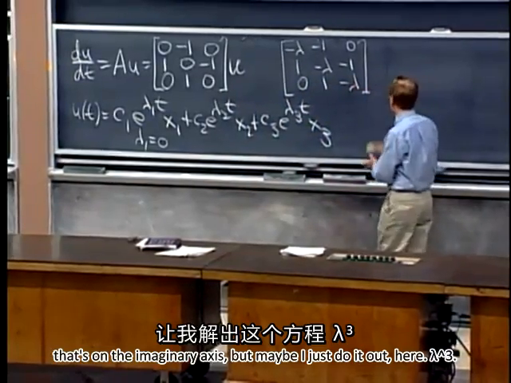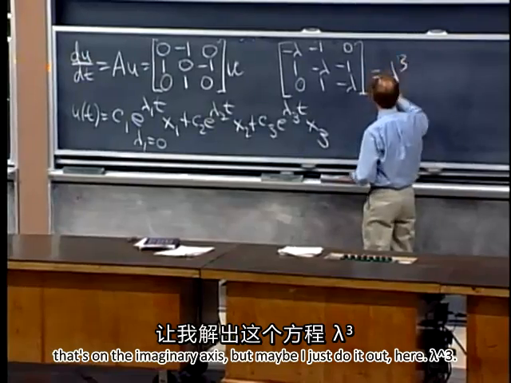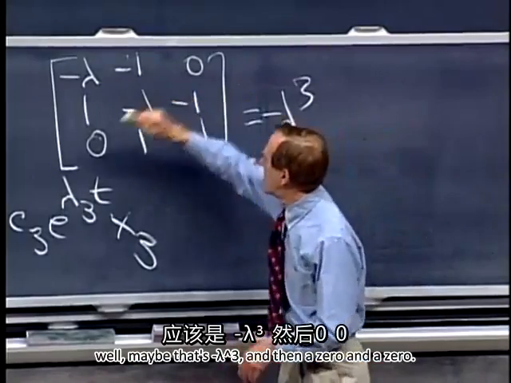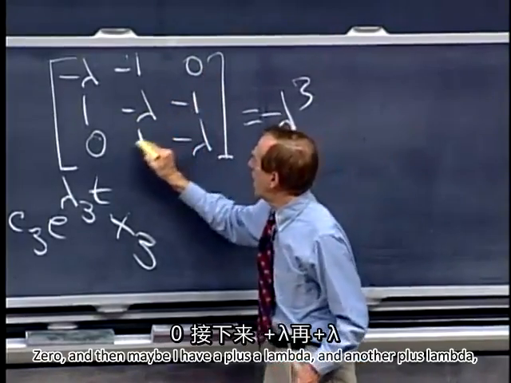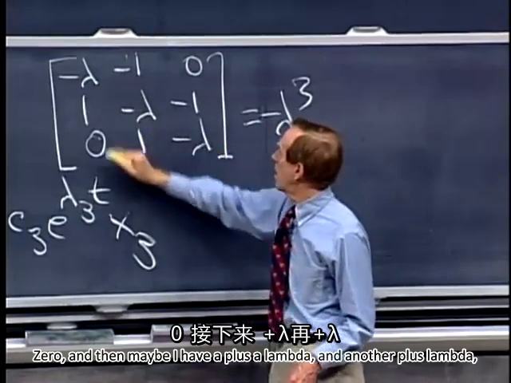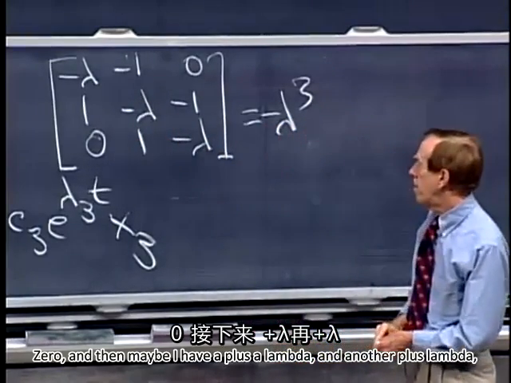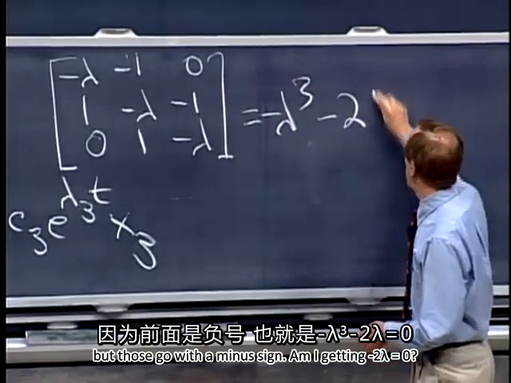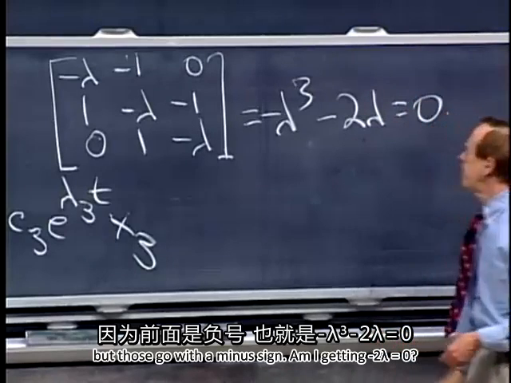But maybe I just do it out here. Minus lambda cubed, and then a 0, and a 0, a 0, and then maybe I have a plus lambda, and another plus lambda, but those go with a minus sign. Am I getting minus 2 lambda equals 0?